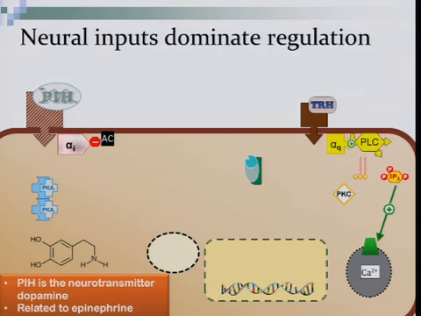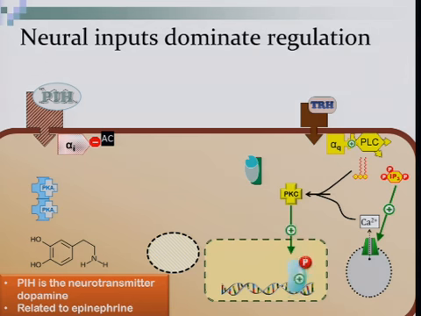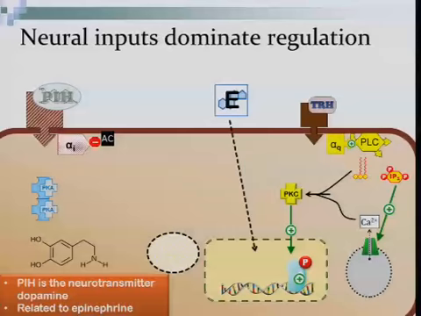Thyrotropin-releasing hormone is involved, and it activates protein kinase C, and that results in a transcriptional program that, along with estrogen, causes transcription of the prolactin gene.